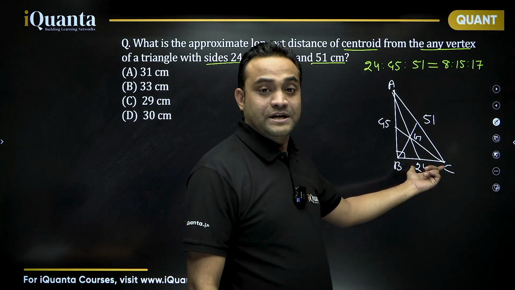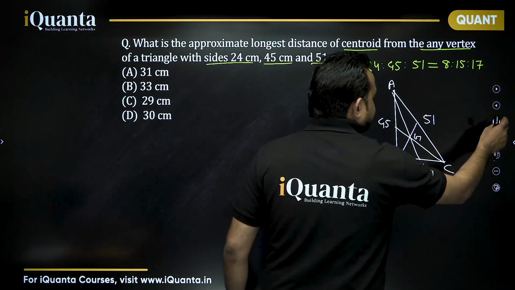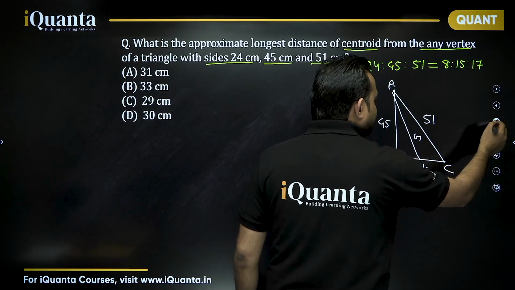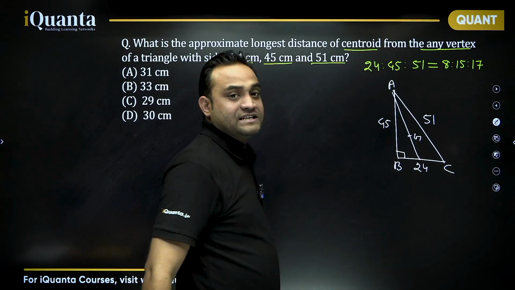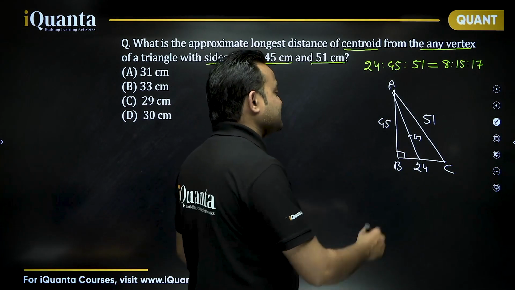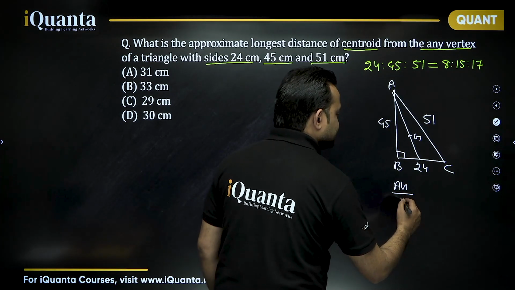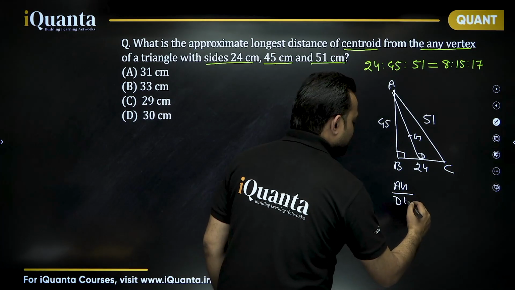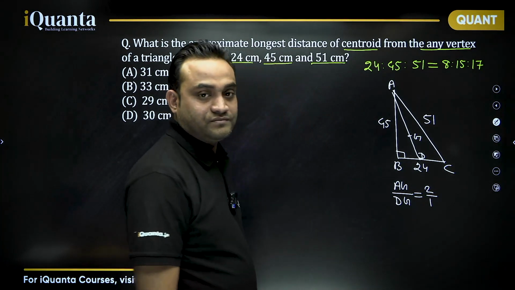The shortest side is BC. So we should look for the length of AG. A centroid divides a median in the ratio 2:1. If this point is D, AG upon DG will be equal to 2/1, right?